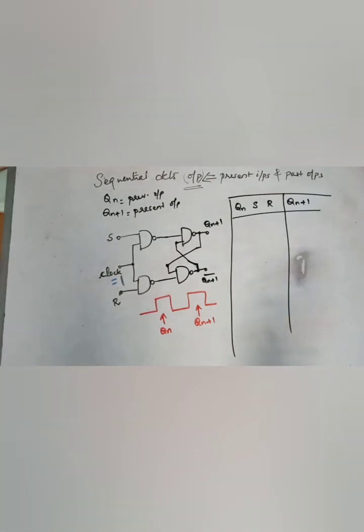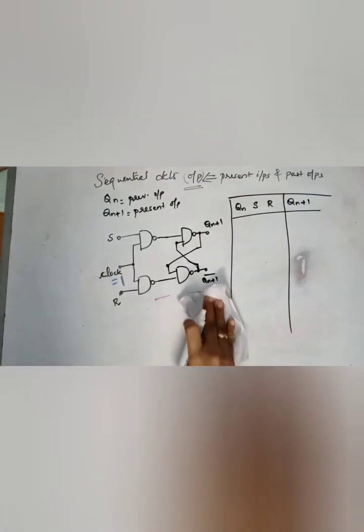For the present clock, what is the output? Then what is the output when the next clock comes? Clock means clock equal to 1. That is the difference between Qn and Qn plus 1.